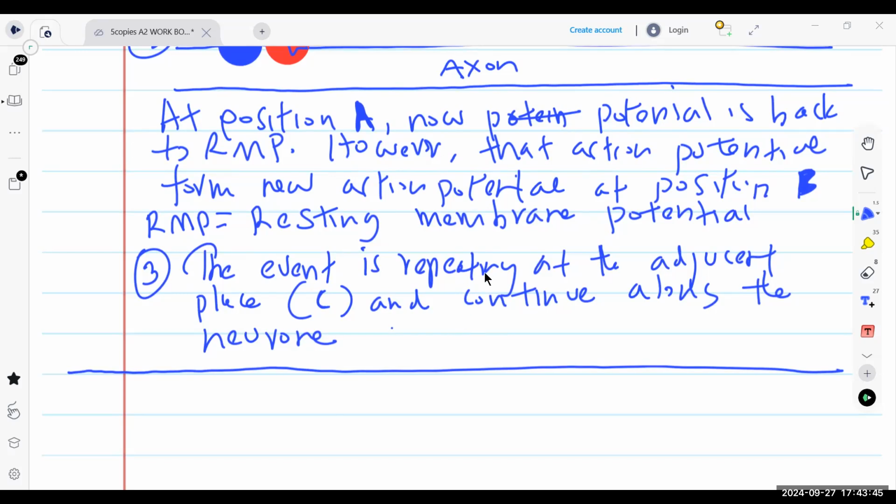The event is repeating at the adjacent place, for example C, and continuing along the neuron.